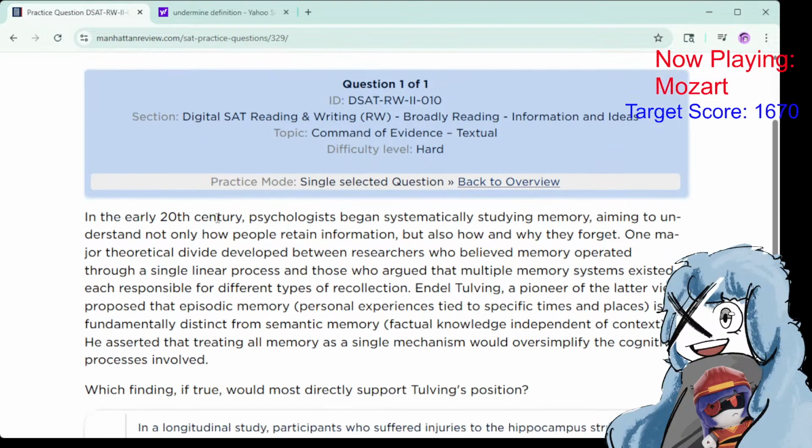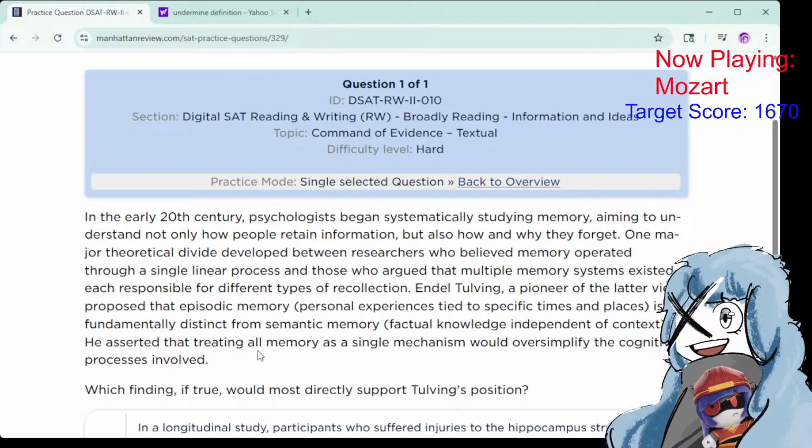In the early 20th century, psychologists began systematically studying memory, aiming to understand not only how people retain information but also how and why they forget. One major theoretical divide developed between researchers who believed memory operated through a single linear process and those who argued that multiple memory systems existed, each responsible for different types of recollection. Endel Tulving, a pioneer of the latter view, the multiple memory systems, proposed that episodic memory, a personal experience tied to specific times and places, is fundamentally distinct from semantic memory, factual knowledge independent of context.